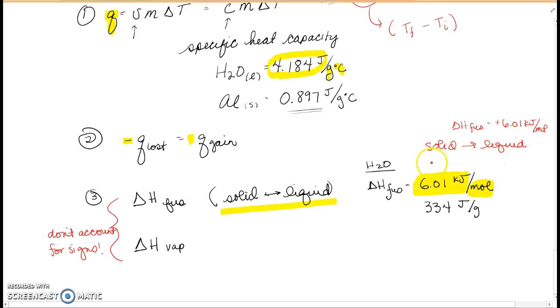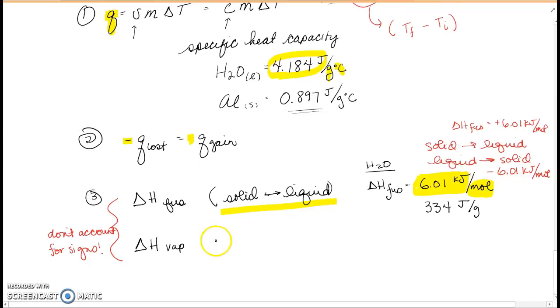But if I'm going from liquid to solid, it has to release that amount of energy. So it's negative 6.01 kilojoules per mole is the change in delta H for that. Like it's 6.01 kilojoules per mole is released.